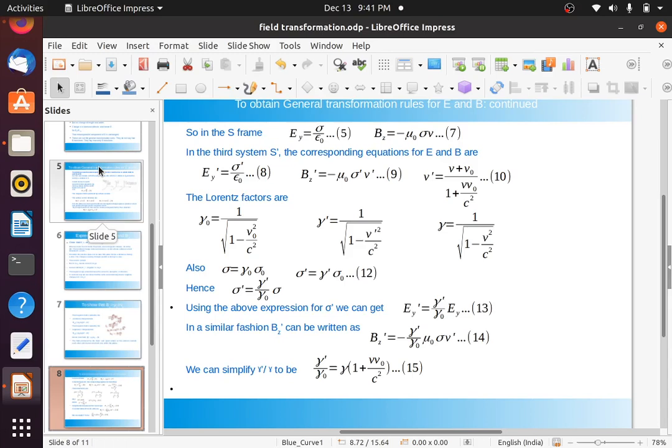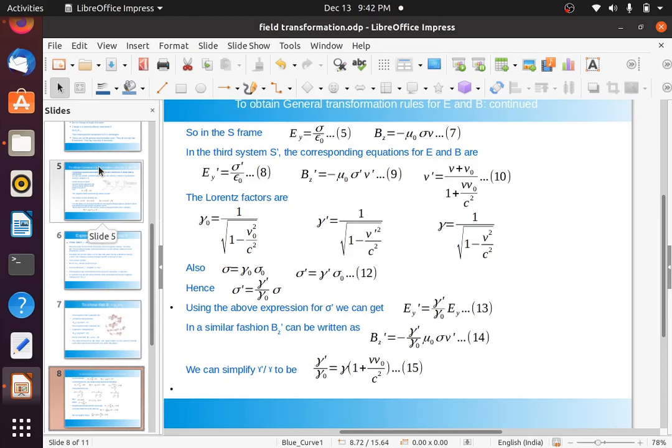Then also you can have a relation connecting V0 and V dash by applying Einstein's velocity addition rule. You can try to obtain this result. How is it possible to obtain that result? Then in all these three cases, the Lorentz contraction factors are shown as in the slide.